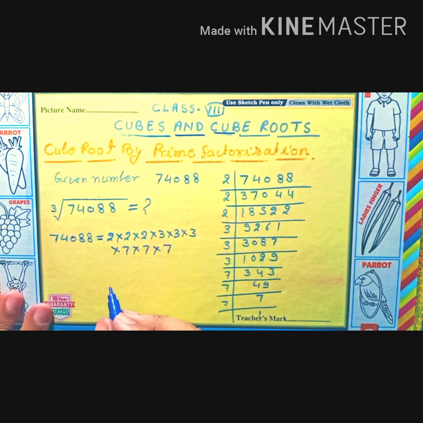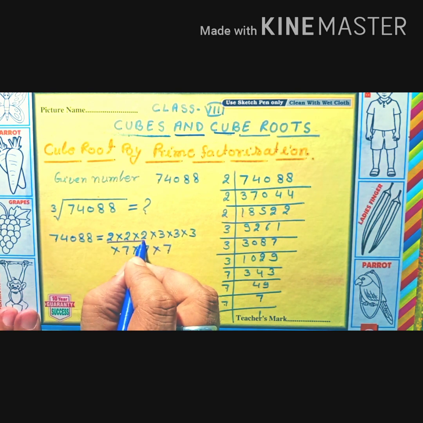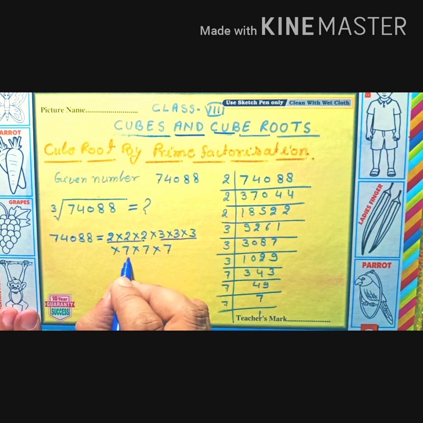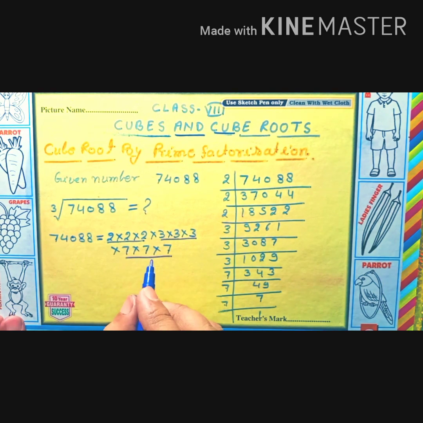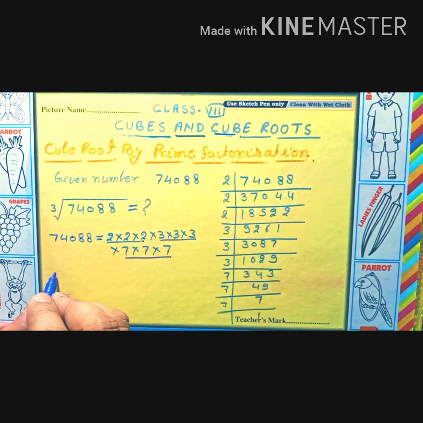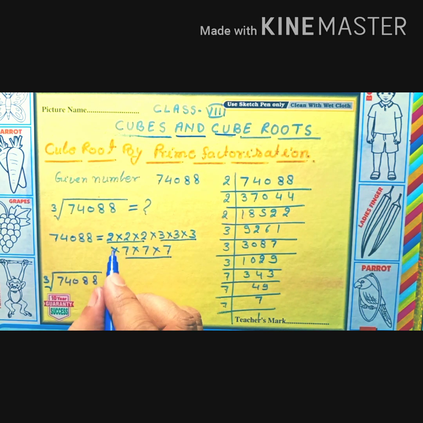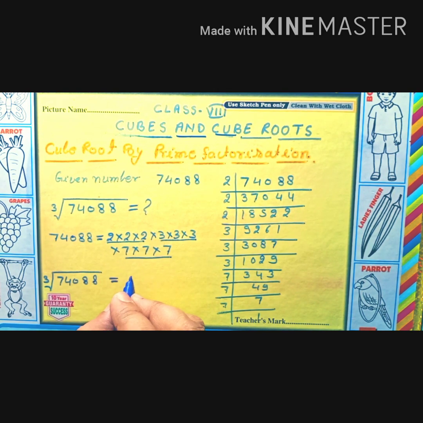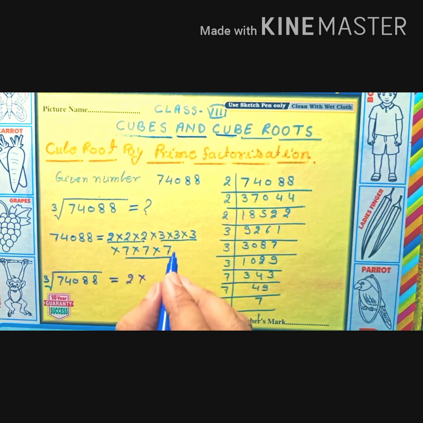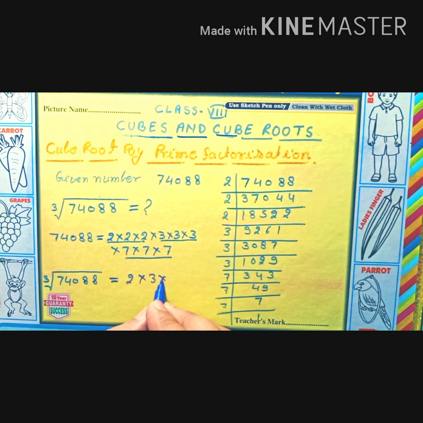Now make the group of 3 numbers of same digit. This and this and this. Every group is completed. Now cube root of 74,088 is, we take common from each group, that 2, and from this group 3, and from this group 7.